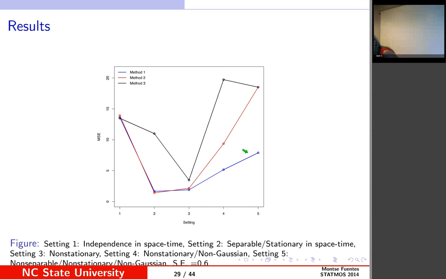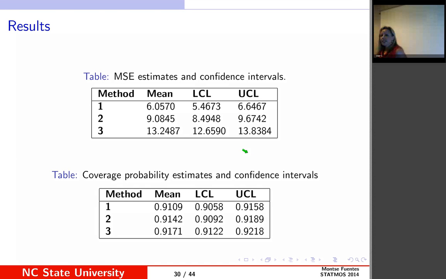If we look at the actual MSEs, you can see that with model 3, there is a reduction of 50% in the MSE. And for the coverage, we don't have issues with coverage in any of the settings. Okay.